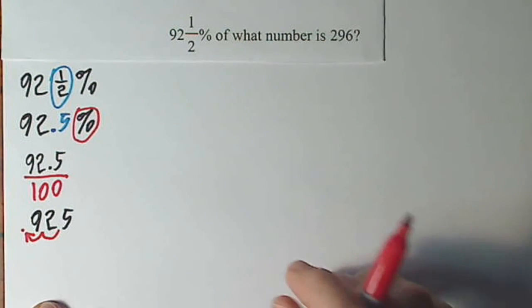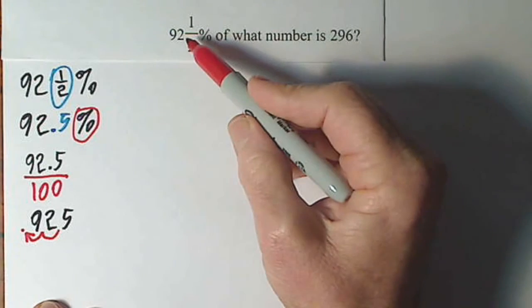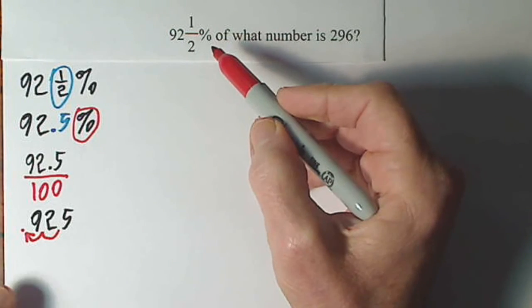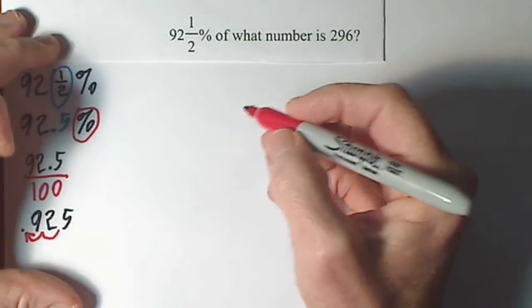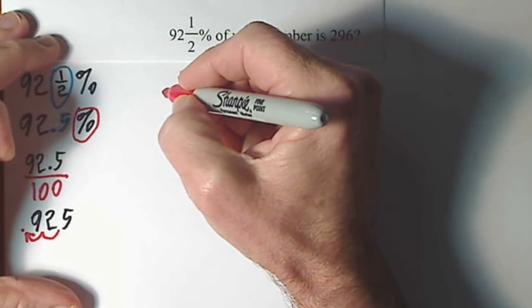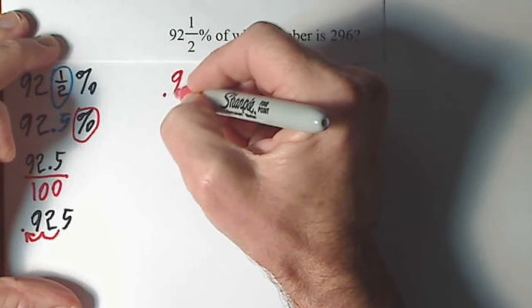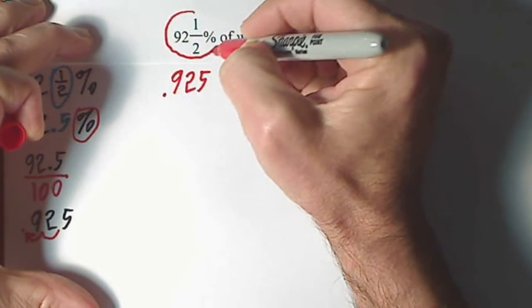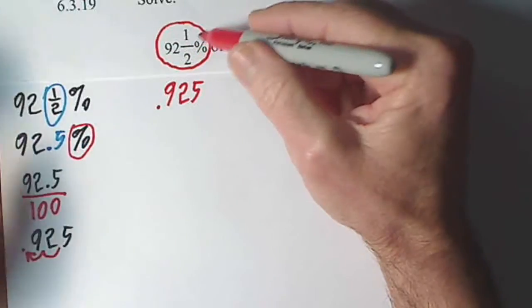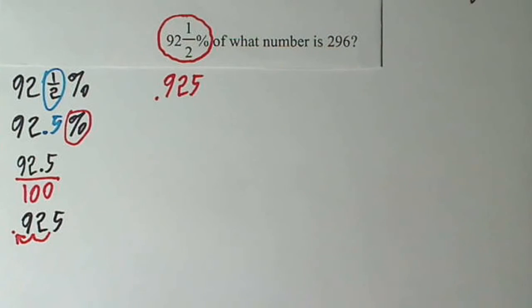Alright? So 92.5% can also be written as 925 thousandths. So we have 0.925. Okay? This is simply another way to write this value. It's the exact same value.